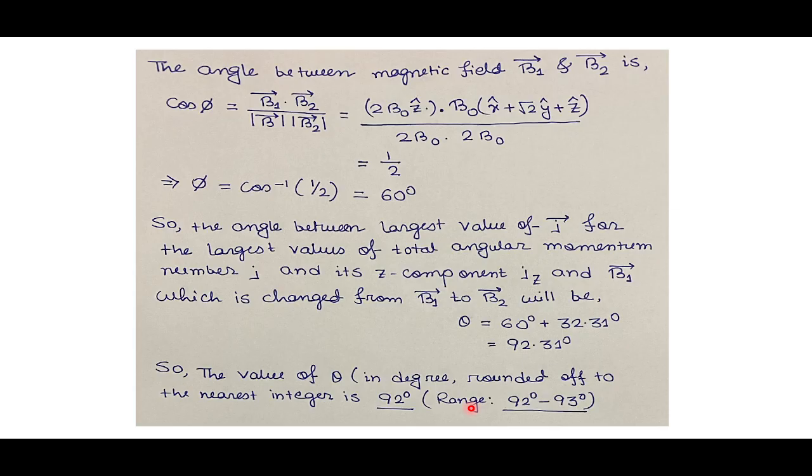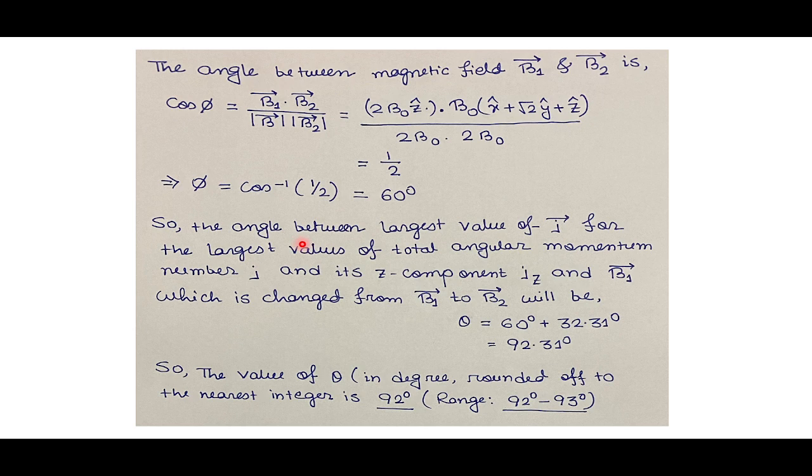You just apply the dot product formula. Phi is the angle between b1 and b2, and cos phi is equal to half, so this is 60 degrees. So you are changing your magnetic field axis from initial to final by 60 degrees.